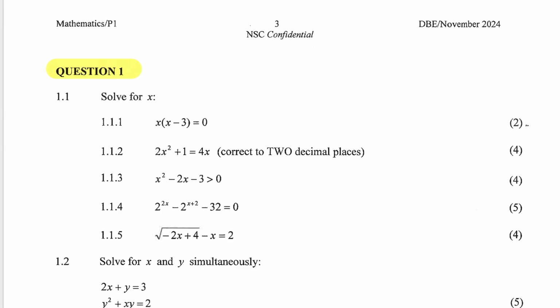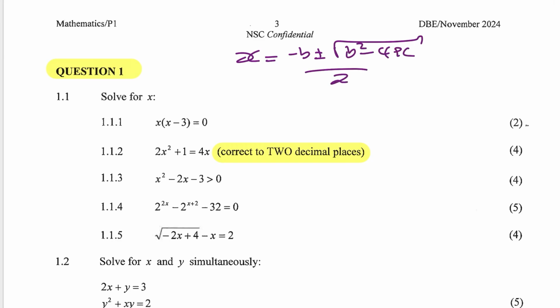So for 1.1.2, let's wrap this up. And they say this here. They say solve 2x squared plus 1 is equal to 4x, correct to two decimal places. And they're giving you a hint here that you need to use what you call the quadratic formula, right? The quadratic formula says x is equal to minus b plus or minus the square root of b squared minus 4ac, over 2a.